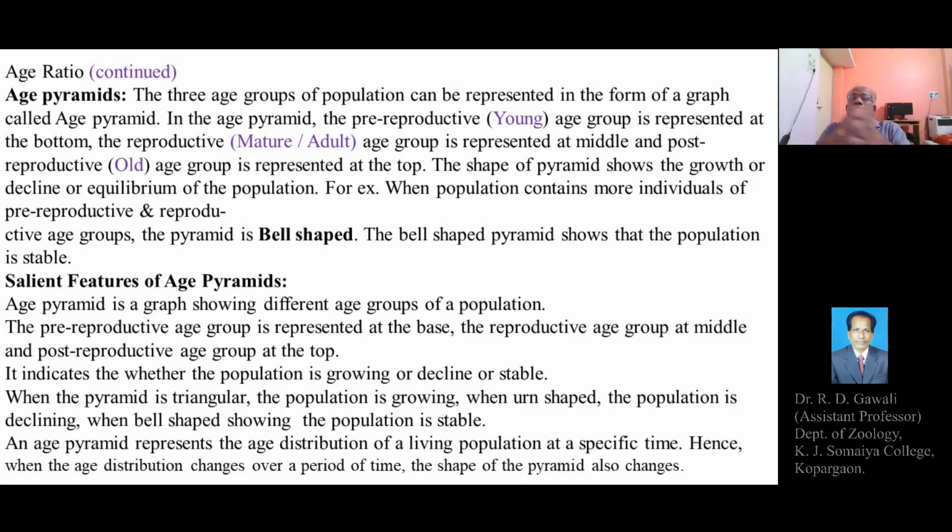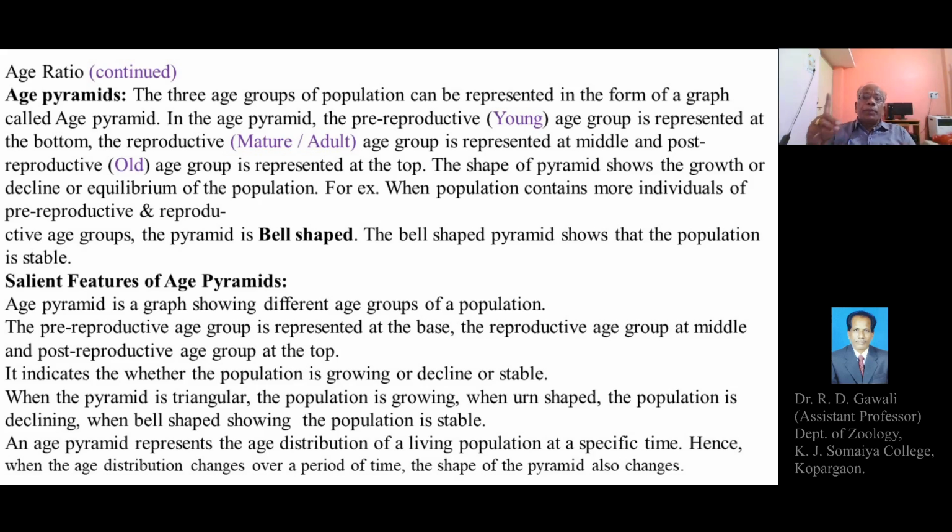Through the process of growth and development of the organisms in a population, they show the transformation of their age distribution from one stage to the next, first to second or second to third, and due to this, ultimately the shape of the age pyramid changes. This is because of the transformation of the various age groups, that is, the age distribution. The number of individuals present in each age group is also changing.